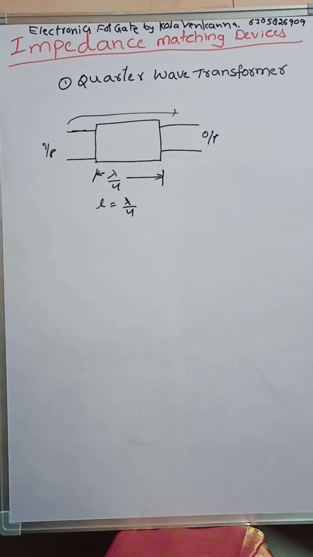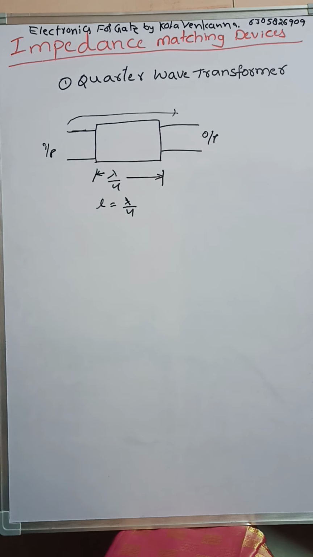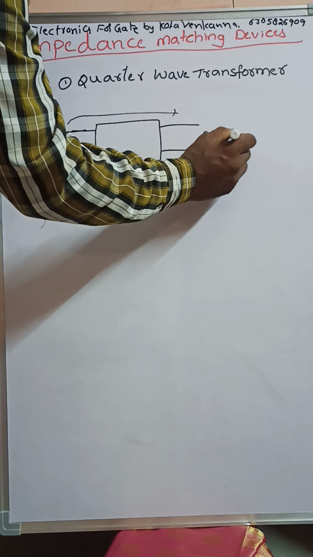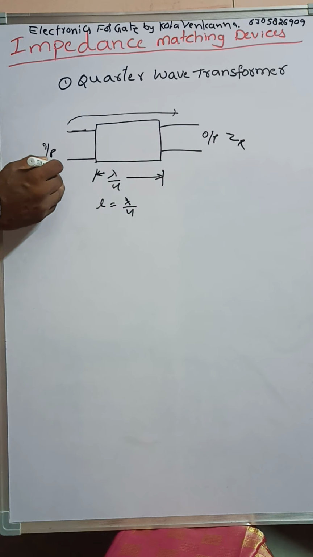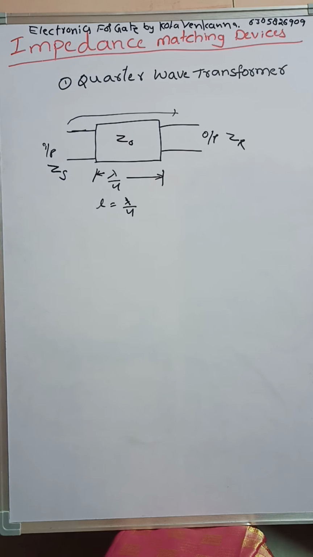So here we have to derive the relation between Zs, Z0 and Zr. This is the load impedance Zr, this is the input impedance Zs and the characteristic impedance Z0. We have to derive the relation between these three.